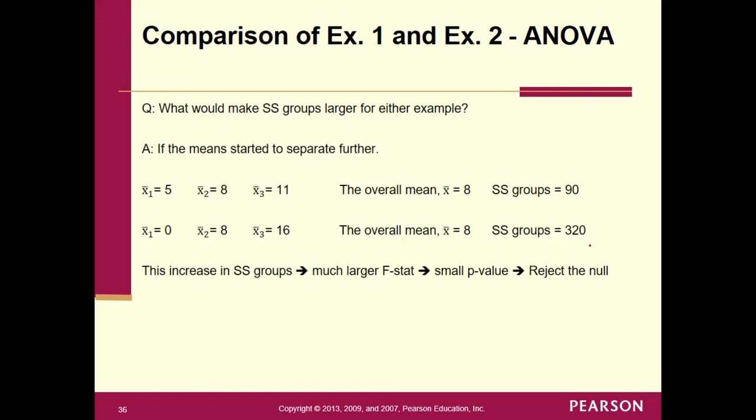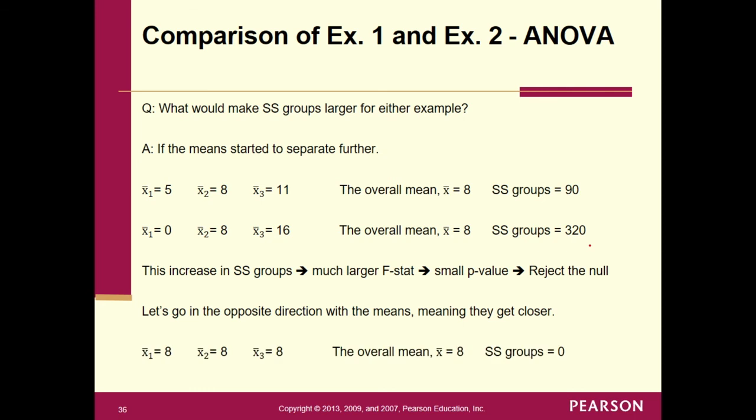That means this increase in SS groups would lead to a much larger F-stat, because the X bars are further apart, which would lead to smaller p-values, which would mean rejecting the null hypothesis, saying we have a difference between at least one of these population means and the other ones. Now let's go in the opposite direction, with the means getting closer.